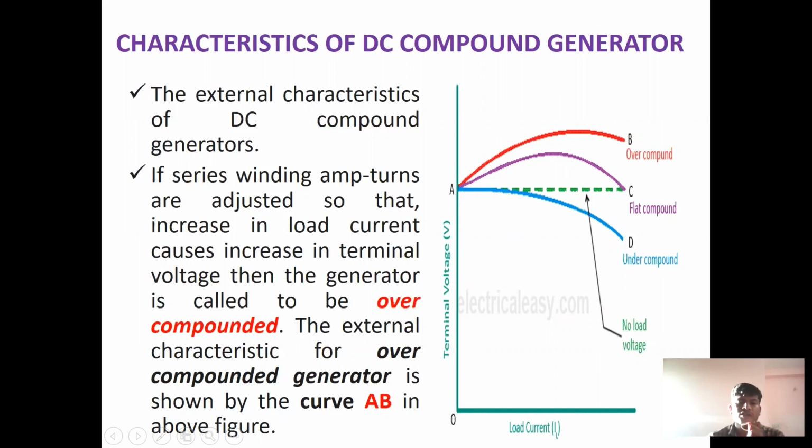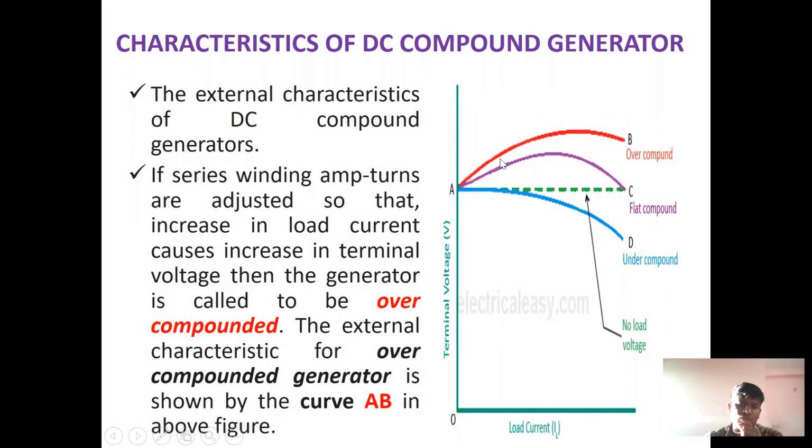When we adjust the series field winding, the load current increases, and if the load current increases, the terminal voltage also increases. That means by changing the series field in the compound generator and varying the load current, the terminal voltage also increases.